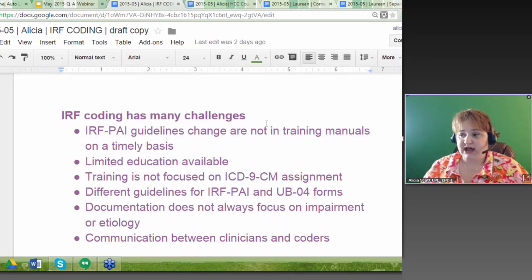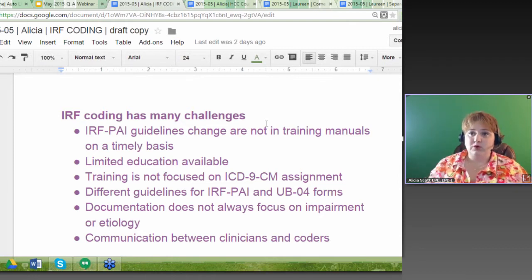The IRF PAI has different guidelines than the UB04 form. Now, if you've never looked at a UB04 form, it's similar to the CMS 1500 that we're used to for physician-based billing, except that it's longer because it allows for a lot of diagnoses.